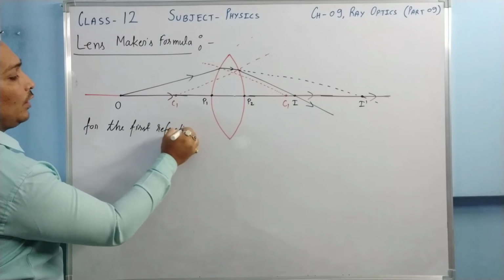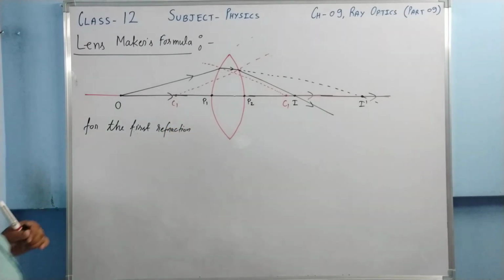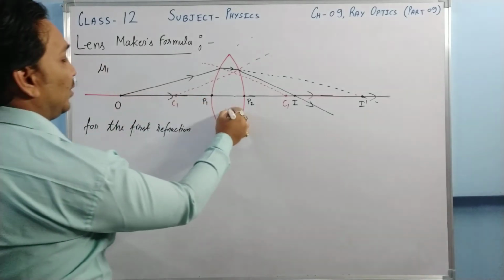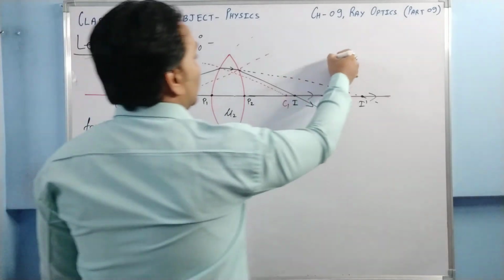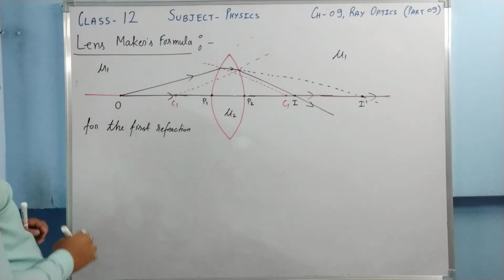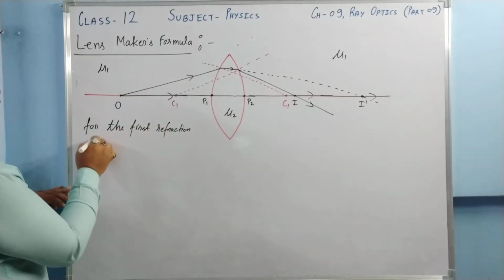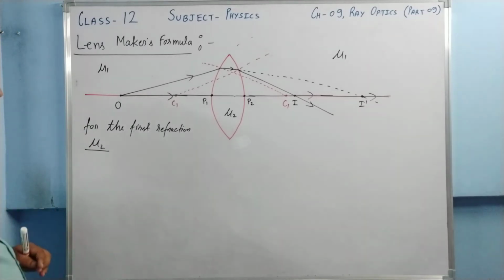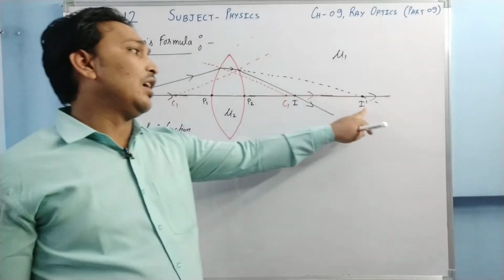I'm going to apply the refraction through spherical surfaces formula. Say this is your mu1, lens medium is mu2, and this is your mu1. Now for the first surface, just see, refractive index of second medium, which is mu2, upon image distance. Where is the image distance for the first surface? It is P1 I dash.